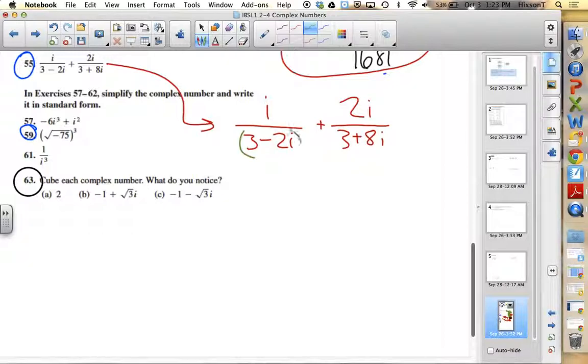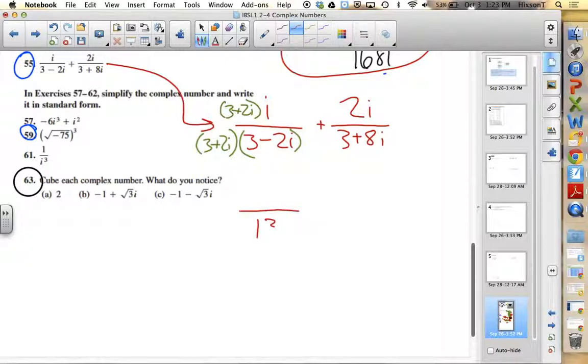Alright, so I'm going to rationalize this by multiplying by 3 plus 2i over 3 plus 2i. In the denominator, that comes out to 9 minus 4i squared. What's 9 minus 4i squared? 13.